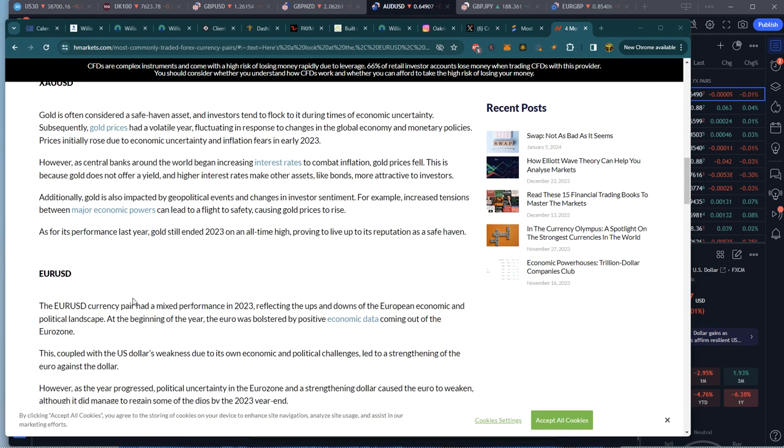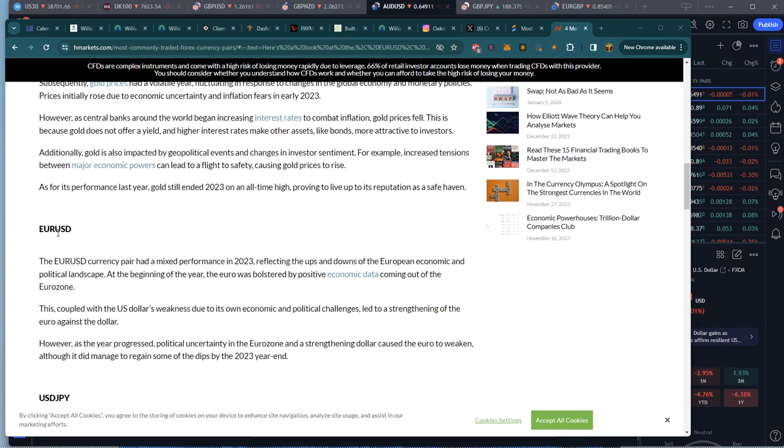Now, this one here, I'm going to do a little bit more in depth. I'm going to look at the charts here for Euro USD. This one here, guys, is the most traded pair in the entire Forex world, Euro USD. The Euro USD currency pair had a mixed performance in 2023, reflecting the ups and downs of the European economic and political landscape.